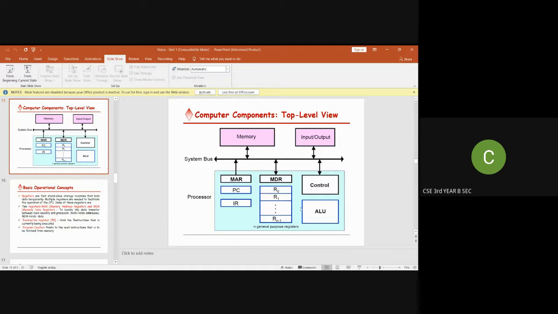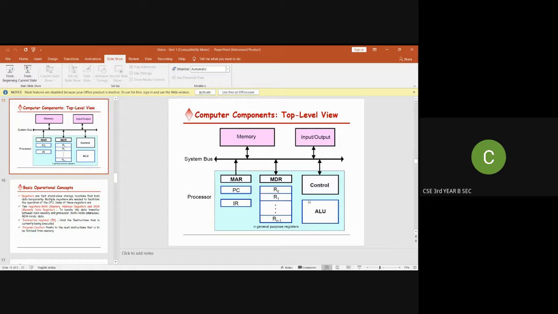If the processor is doing a read operation, the address is given to the MAR and passed over to the memory, and after getting the data it is fetched into the MDR. The MDR carries the information and gives it to the processor in order to do some process. This is how the read operation takes place.